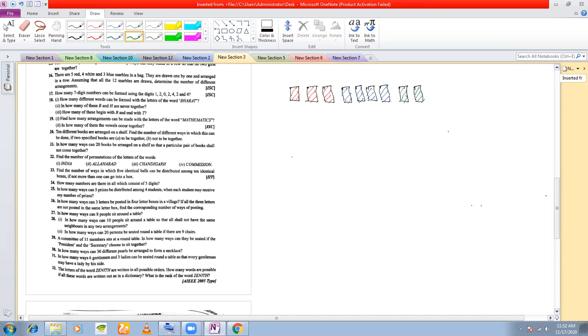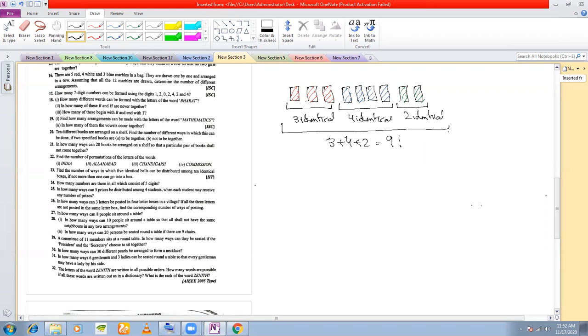The question I pose is, in how many ways can they be arranged among themselves? See, three are identical, four are identical here, and two identical here. And the total number is 3 plus 4 plus 2, which is 9.